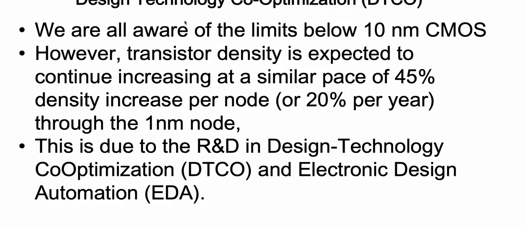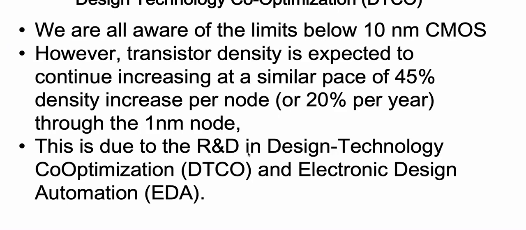So what is in the future? The design technology co-optimization, the new concept now, is that since we cannot scale too much, we are all aware of the limit below 10 nanometers CMOS. However, transistor density is expected to continue increasing at a similar pace of about 45% density increase per node.